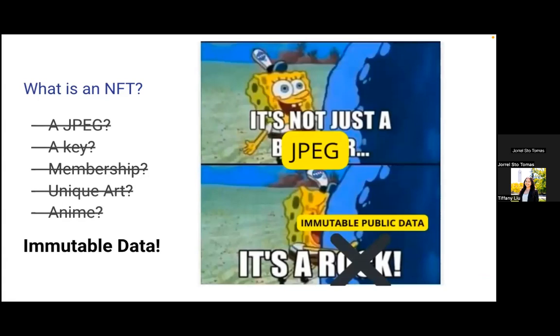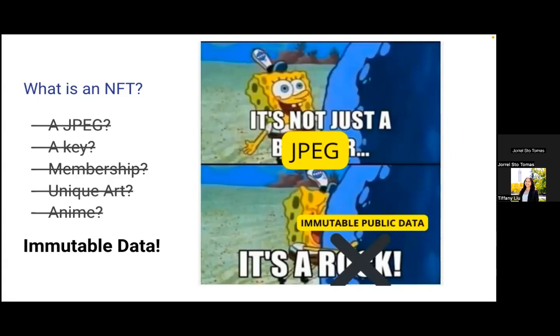It's immutable data. What is immutable data? Well, that is a good question. It is simply data that does not change. So the reason people really were excited about NFTs was simply because you could look back at a transaction and see the history of where that asset was being transferred.